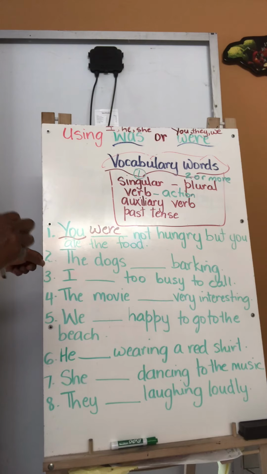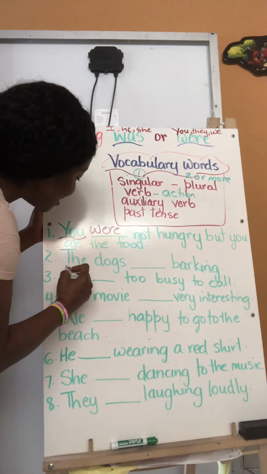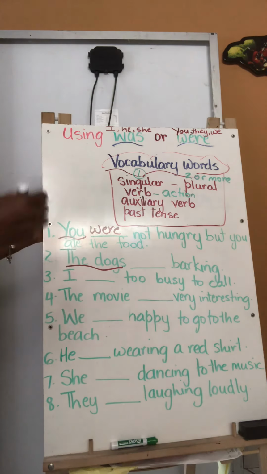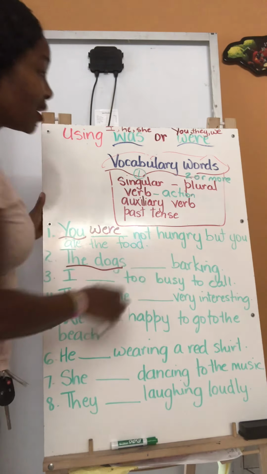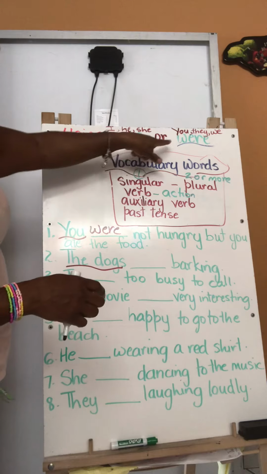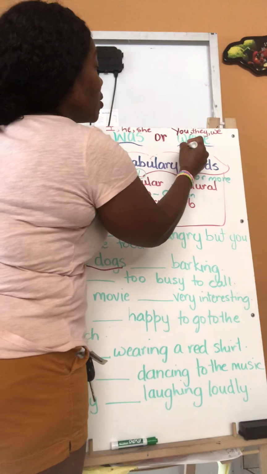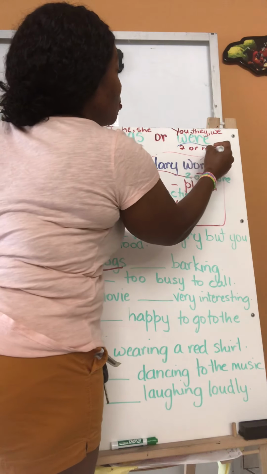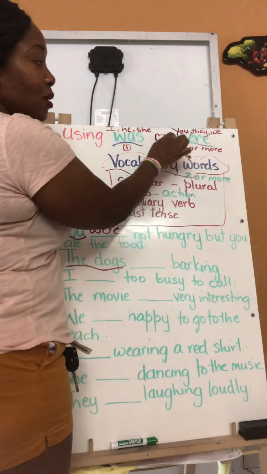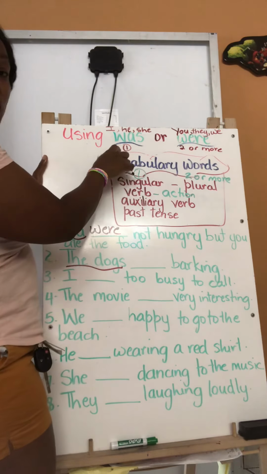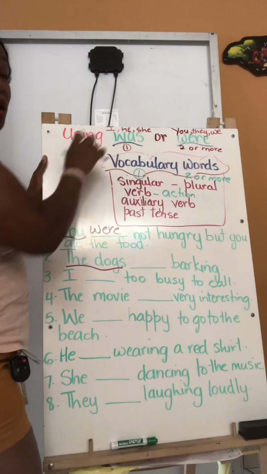Let's go to two. The dogs. We're talking about more than one dog. So the dogs blank barking. More than one, it has to be were. We say two or more. So remember, if it's two or more, it's were. If it's only one, then it's was.